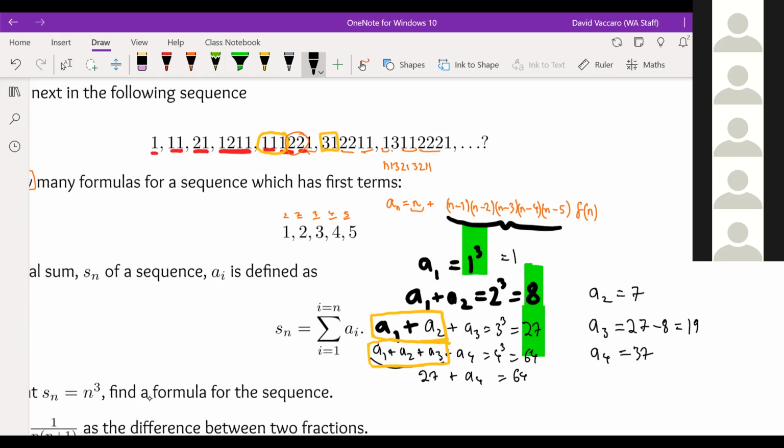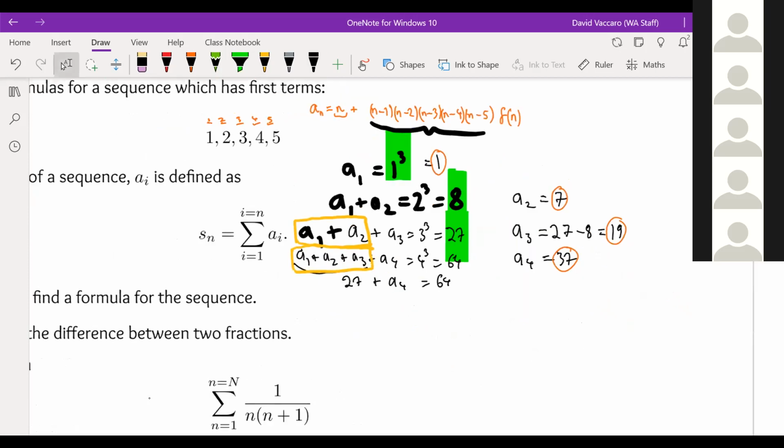Now, what we've done here, and I would start any sequences question in this way, we've got some numerical evidence, some numerical data for the first few terms in the sequence. But more importantly, we've got a method. We're finding all of these terms by subtraction.